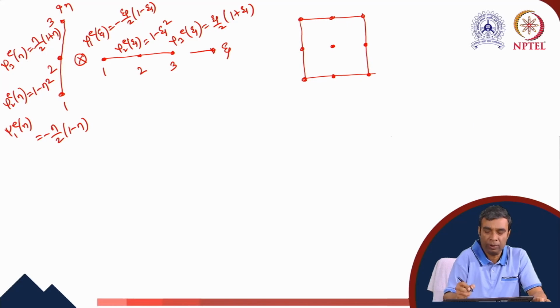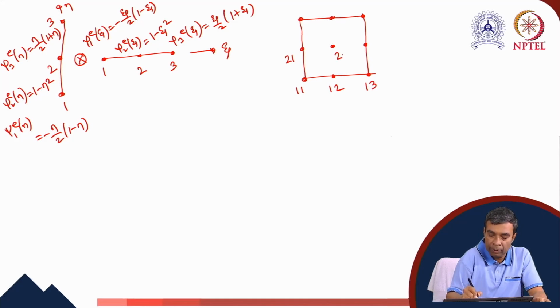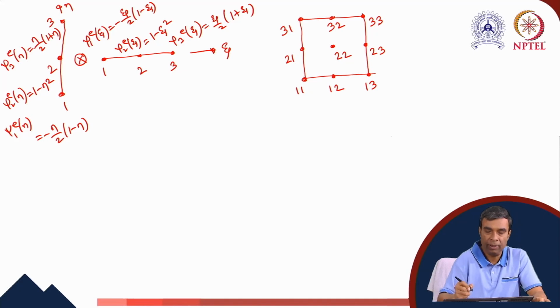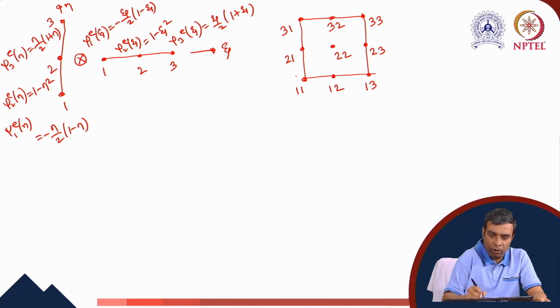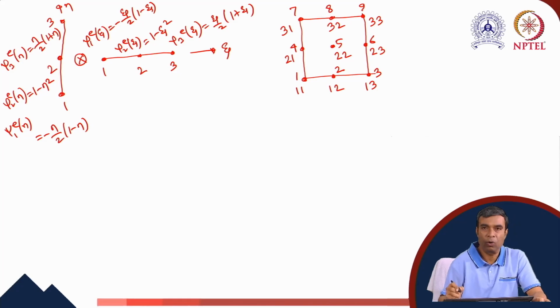Now these nodes are given as 1 1, 1 2, 1 3, 2 1, 2 2, 2 3, 3 1, 3 2, 3 3. Now we can assign the local node numbers, indices 1 to 9, with every node. So local node 1, local node 2, local node 3, local node 4, local node 5, local node 6, local node 7, local node 8, and finally local node 9.